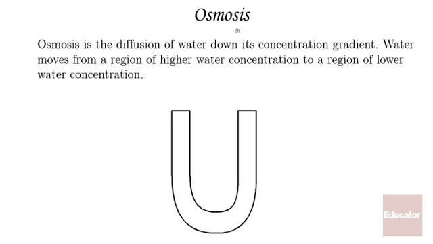Osmosis is a special type of diffusion. It's diffusion of water down its concentration gradient. So let's just review some terminology before we go on to discuss osmosis. First of all, recall that if you have a solution, there are two parts to the solution.